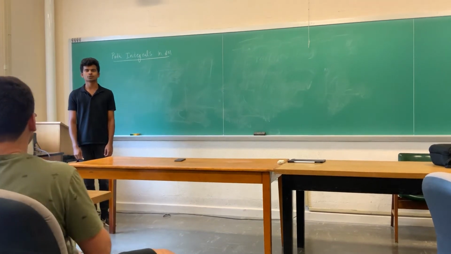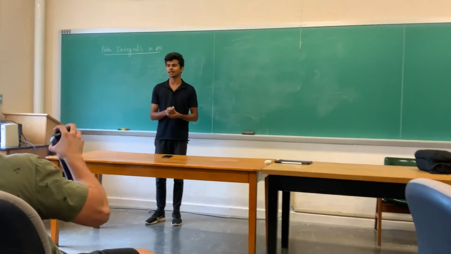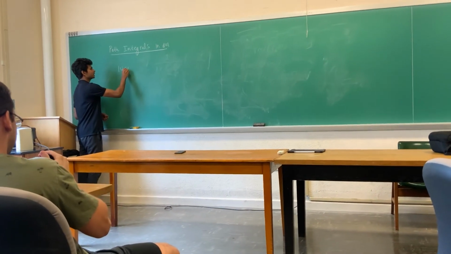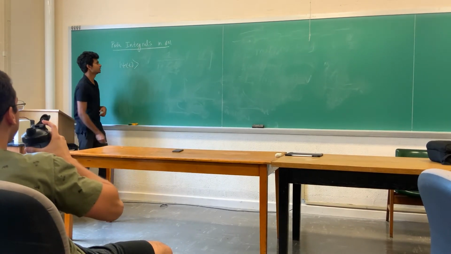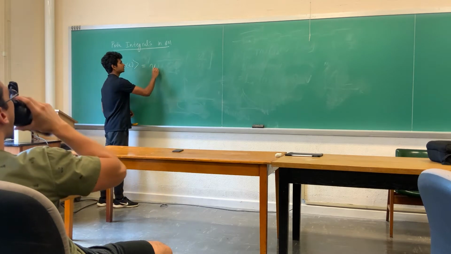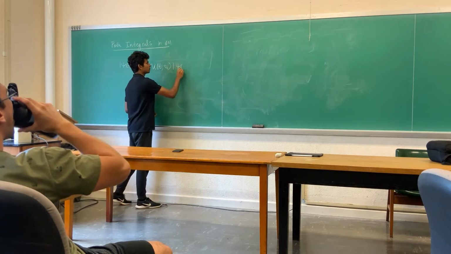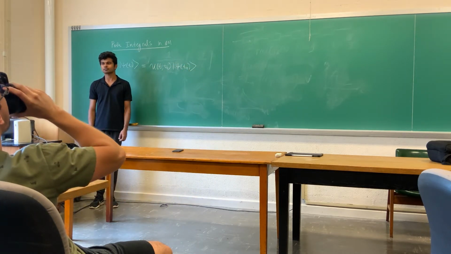All right. So let's try to understand how to use path integrals in quantum mechanics. The basic problem in quantum mechanics is this: you want to find the wave function at time t. The way you do it is just use the time evolution operator and the initial state, which we call psi of t.